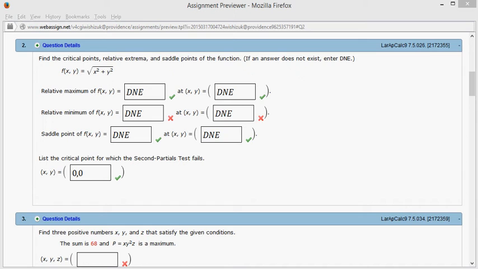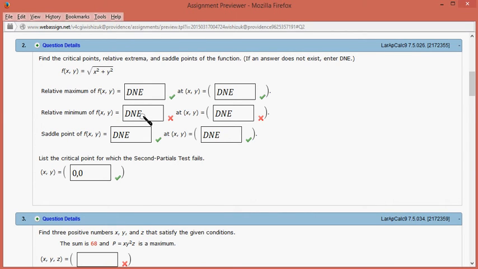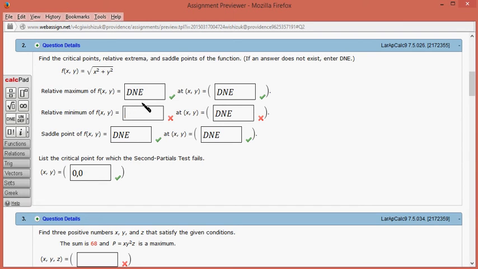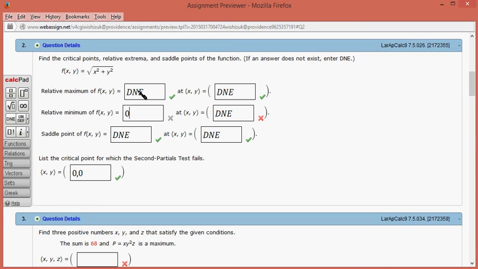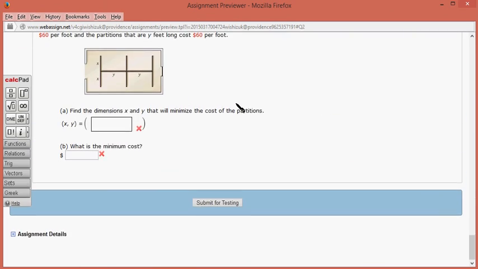The second partial test didn't work, but a relative minimum actually exists, because look at this function. This function is never negative, so the smallest number it can get is 0. If you put x equals 0, y equals 0, you can actually achieve 0. So the relative minimum would be 0, and it occurs at the point 0, 0, the origin. Let's check that, and sorry about the mistake there.